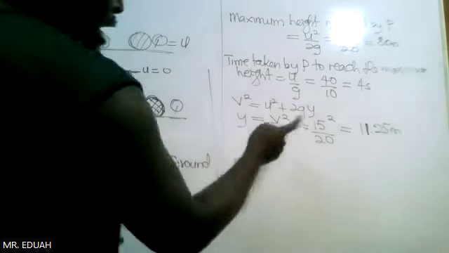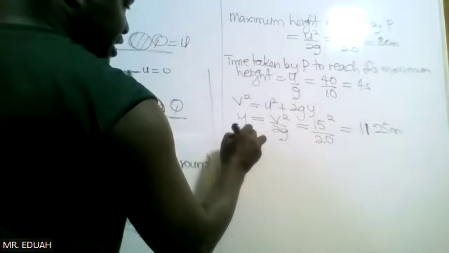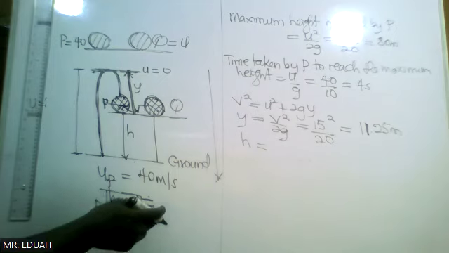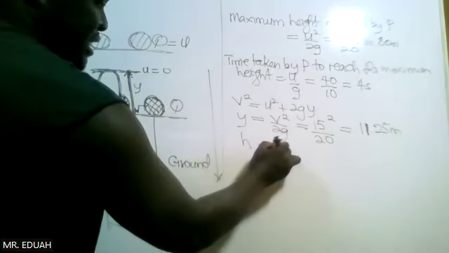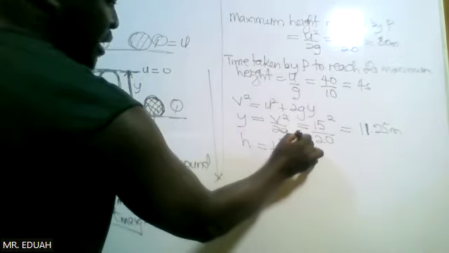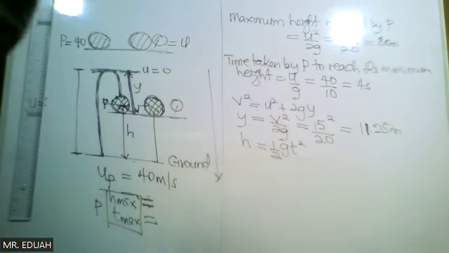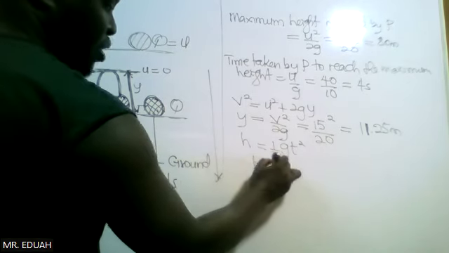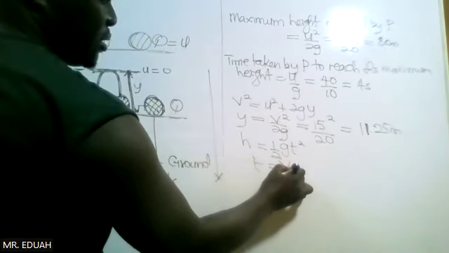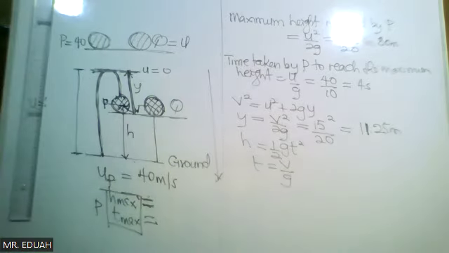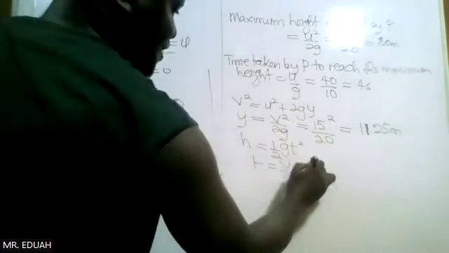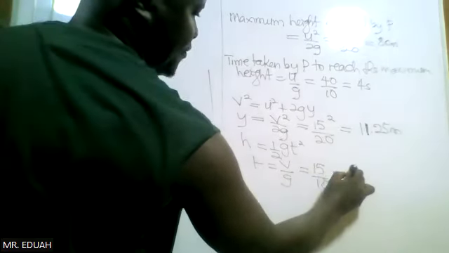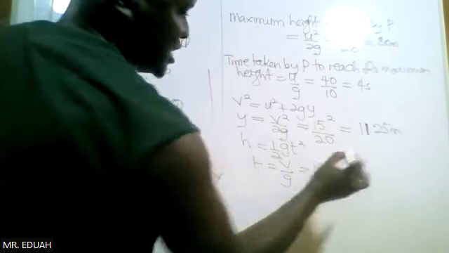If you are to use the other formula, h is equal to half gt squared, you need t. So you use the first equation to find t, which is v over g, because u is 0. 15 divided by 10 gives 1.5 seconds.